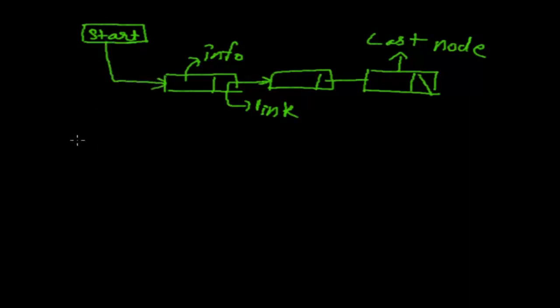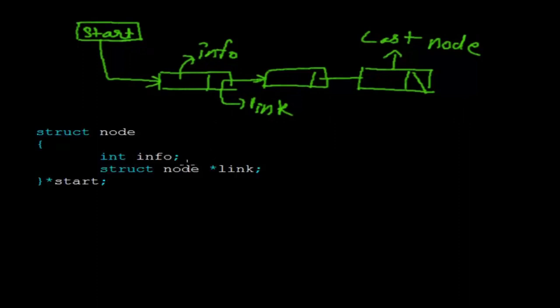So this is our singly linked list. Now how to implement this programmatically, we will check it now. This linked list can be represented programmatically with the help of this kind of structure.